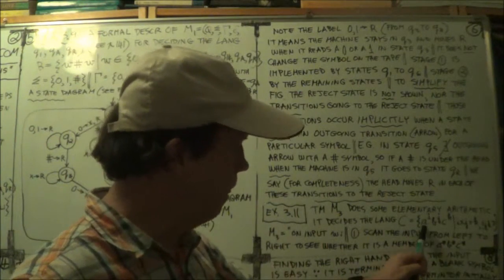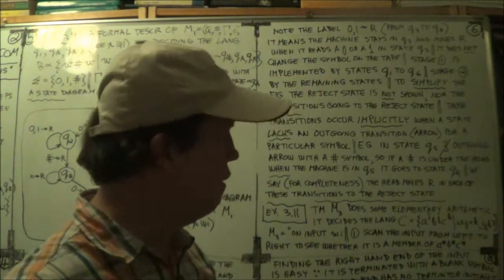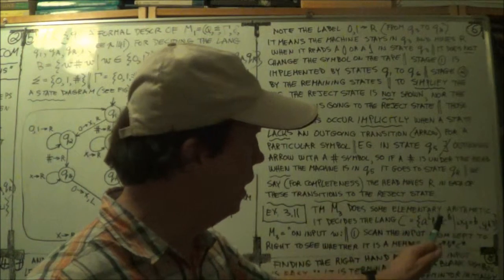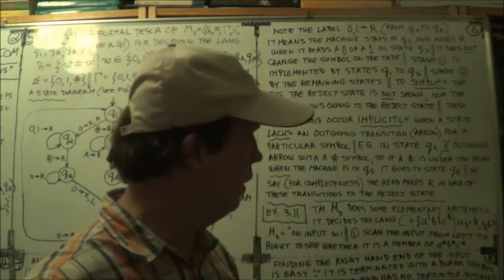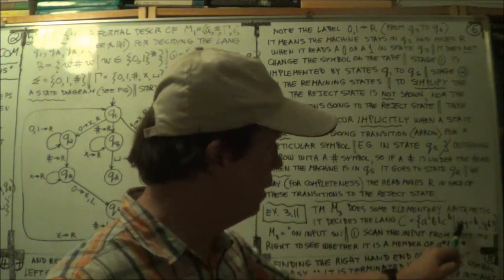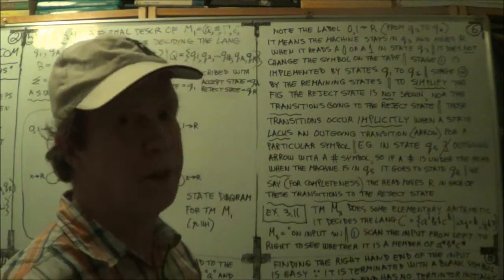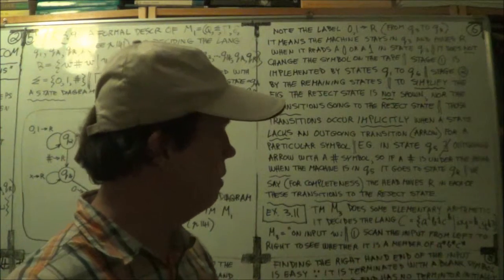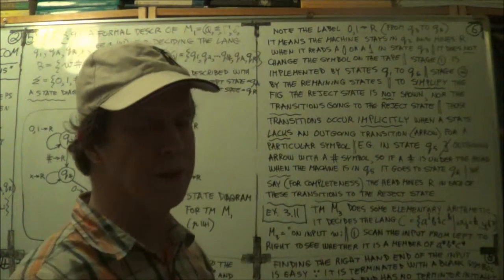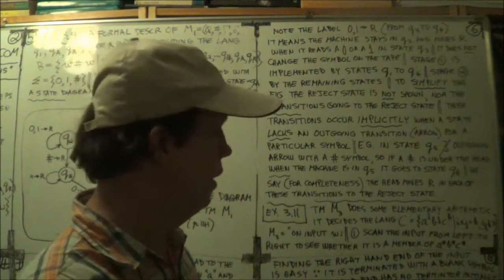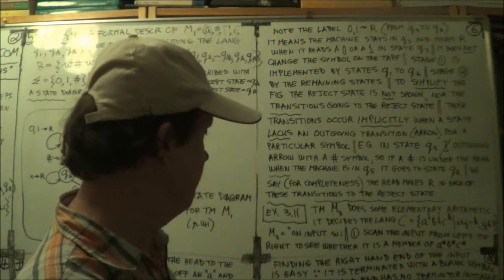And the whole string belongs to the language if i times j equals k. Okay, so this language is doing a bit of arithmetic, in the sense of multiplication of positive numbers.